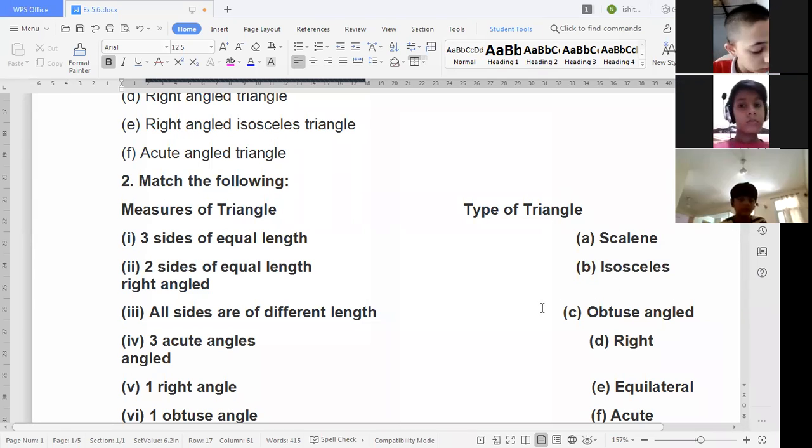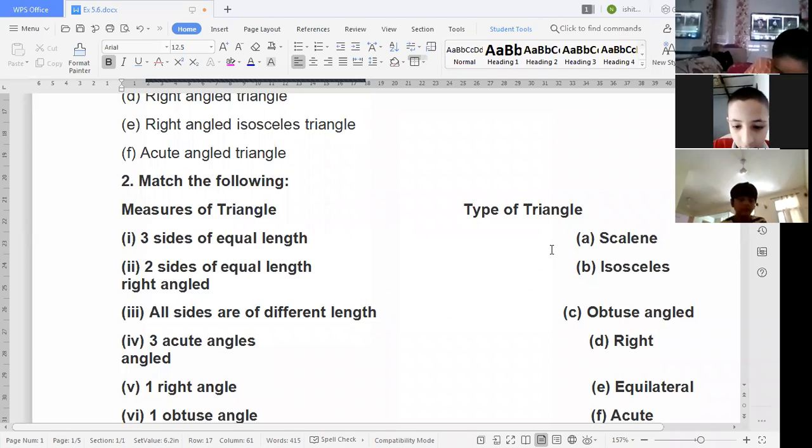Yes, Utkarsh, unmute yourself and tell me the next one. One obtuse angle. Utkarsh, unmute yourself. Yes, Arnav, right. Arsh, right. Madhav, right.